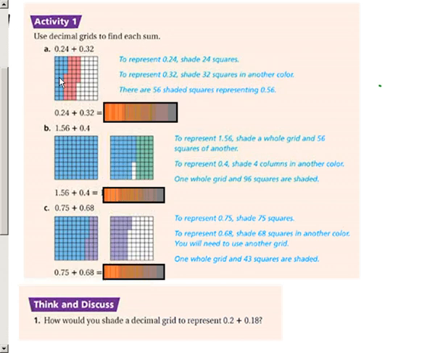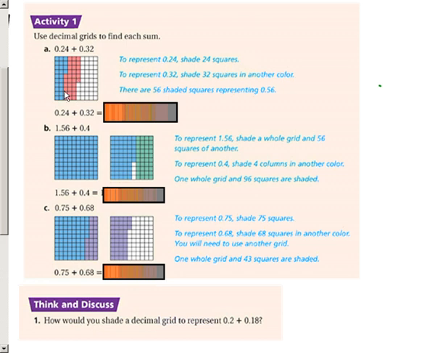All right, so use a decimal grid to find each sum. Remember, sum is an addition problem. 24 hundredths plus 32 hundredths. So what we're really doing here is saying, okay, I have 24 hundredths, so I shaded that blue. I'm going to add to that another 32 hundredths or another 32 little hundredths squares. What we want to know then is how much do I have in all?